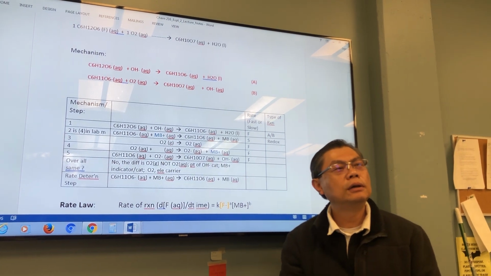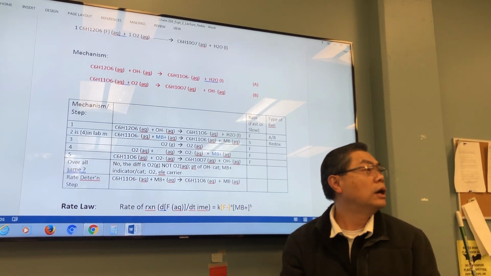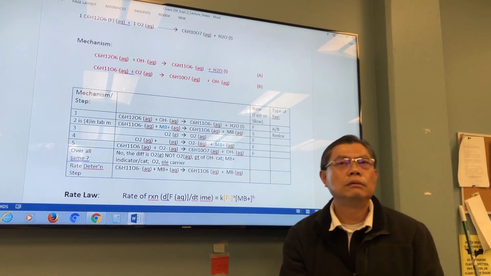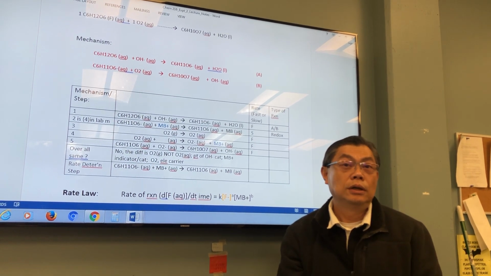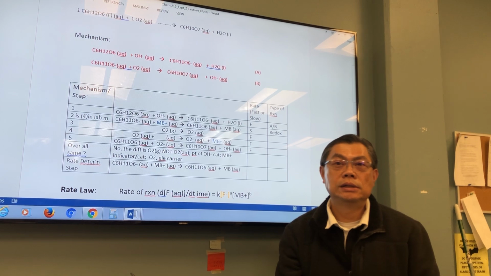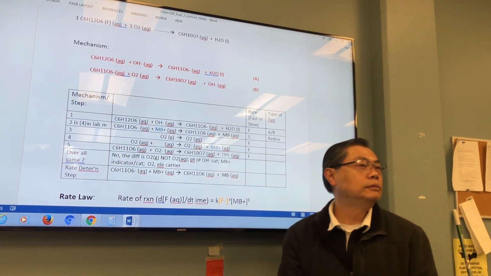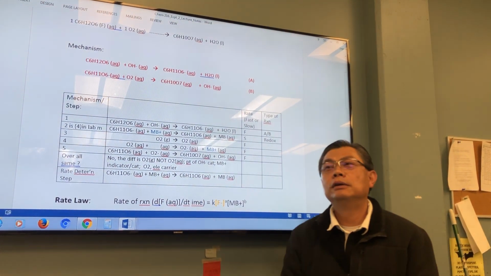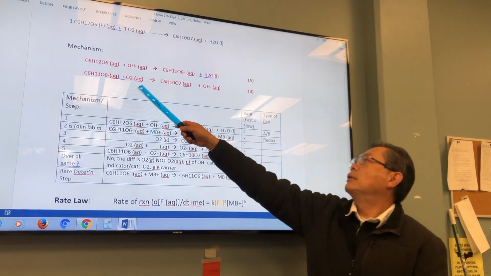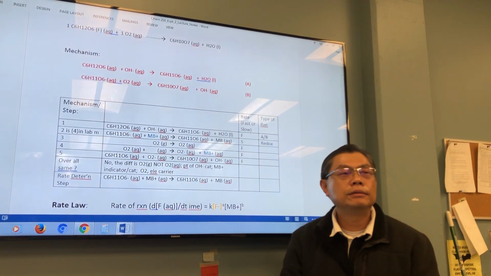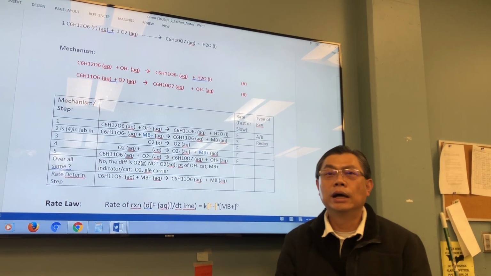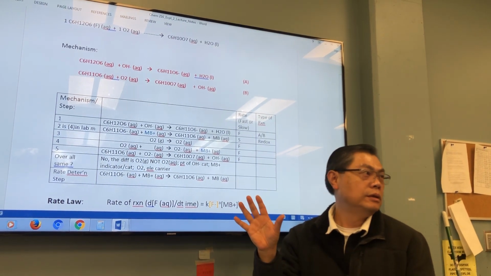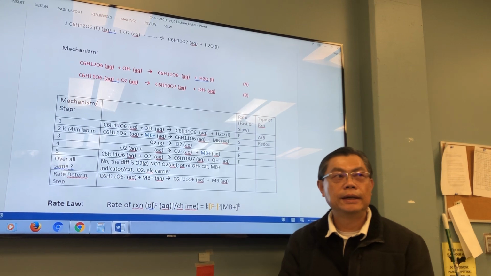Do we remember? It was clear, no color. What about hydroxide? What color is hydroxide? Clear. What color is water? What color is oxygen? So everything is clear, no color. Can we study by using color to monitor? We cannot. You see? That would be a headache.